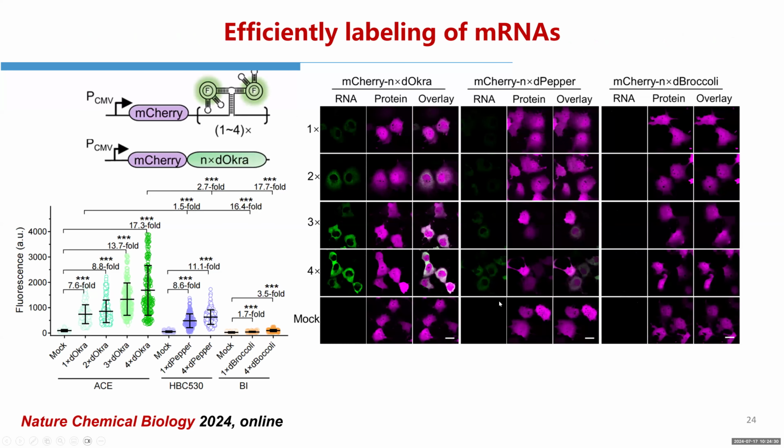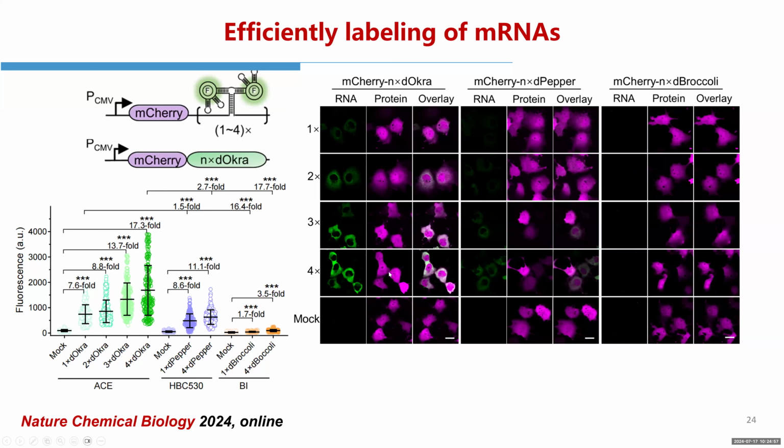When we tag it to the mRNA, the Okra fluorescence is bright, and its fluorescence further increases with more tandem copies of Okra tagged to the mRNA. We can observe nicely the colocalization of Okra fluorescence and the protein.